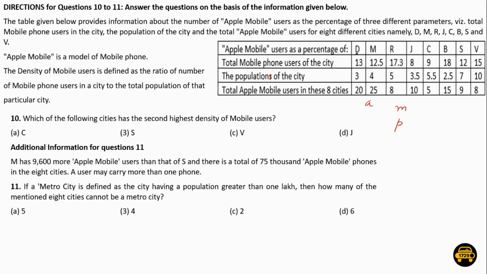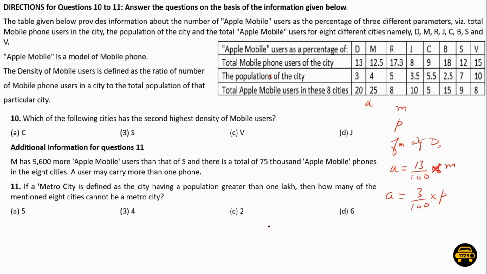So for D, city D, I will write it. So A will be equal to 13% of, let's put a multiplication sign, M, of total mobile users, right? And again, A will be equal to 3% of P, that is the population. Now, since we know in both the cases we are talking about A, we can equate these two.